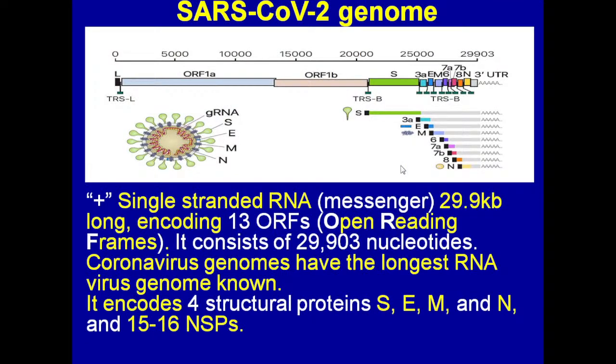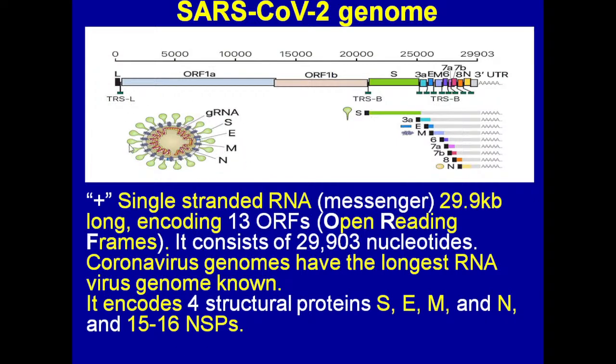So the single-stranded RNA of the coronavirus consists of 29.9 kilobases, and it encodes just four structural proteins. These are S, the spike protein you can see here, the small envelope protein, the membrane protein, and the N protein.